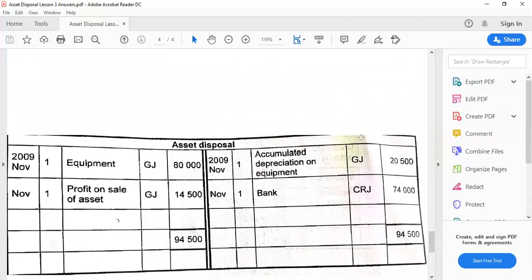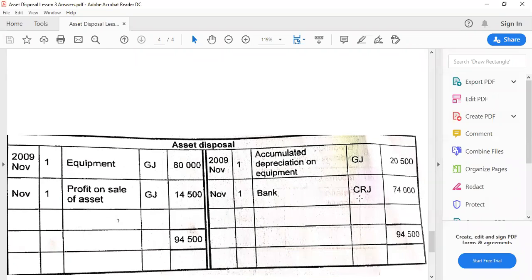The accumulated depreciation on the equipment is the 20,500. The 74,000 Rand here, what is this? This 74,000 Rand is the selling price. It is step S. Step S is the selling price.